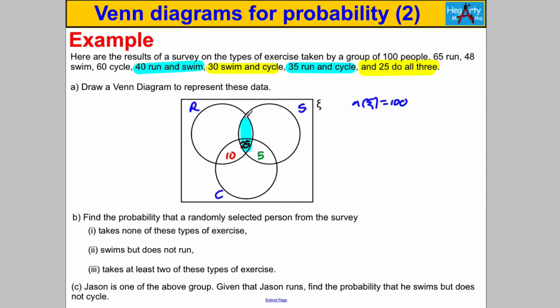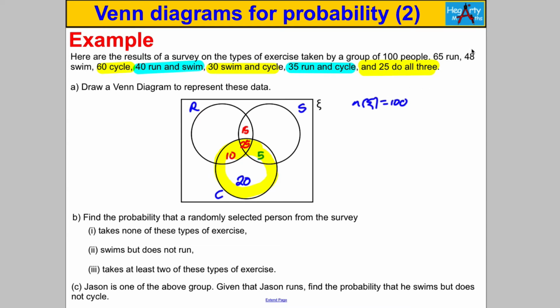Given that there are 25 already in there, we do 40 subtract 25, which is 15, and we have filled that in. Now let's keep going up and see if we can fill the whole thing in. We know that 60 in total cycle, so we know for sure that in this whole circle here there needs to be 60. 10 add 25 is 35, add 5 is 40, so in this section here must be 60 subtract 40, which is 20.